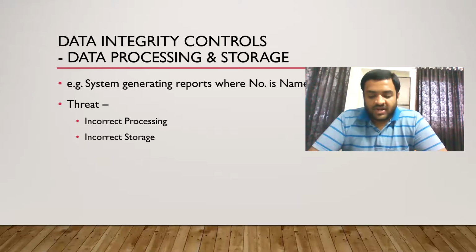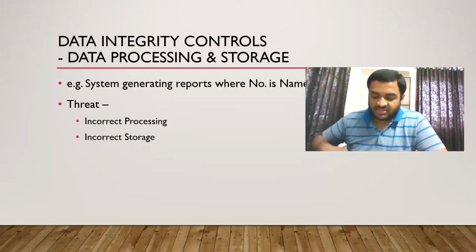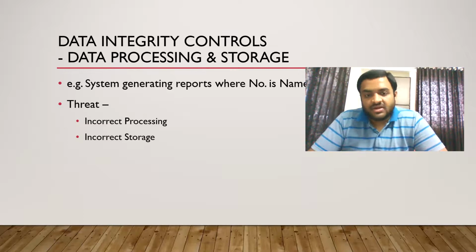Now for data processing and storage, again the example is the system generating reports. The report has a name, user ID, password, then details, qualification, and the scheme in which you have entered the exam. Because the source document, input validation and data entry controls were not effective, data processing is also not effective.